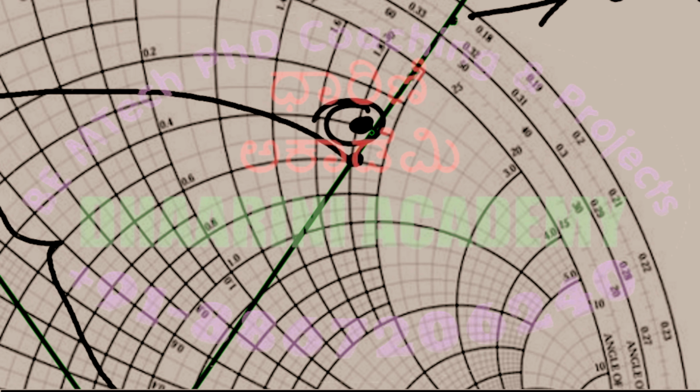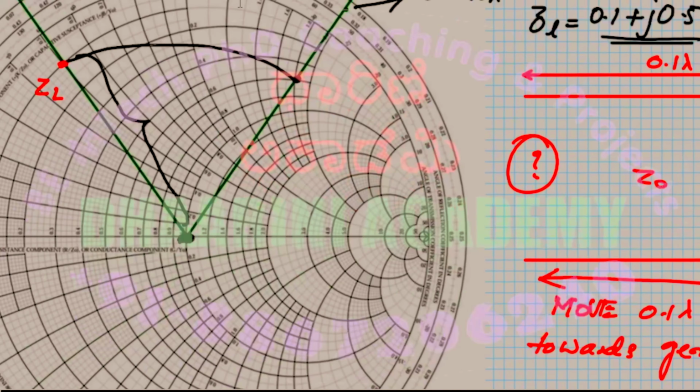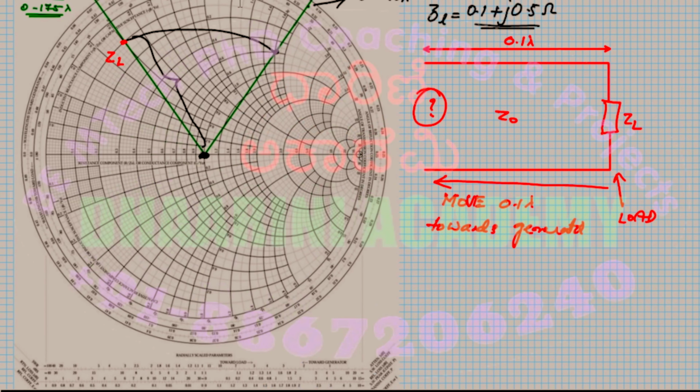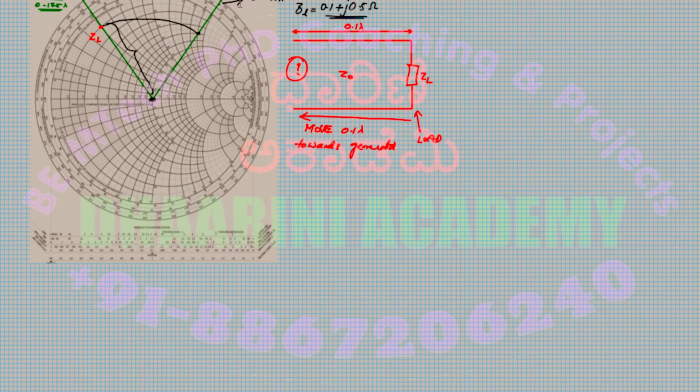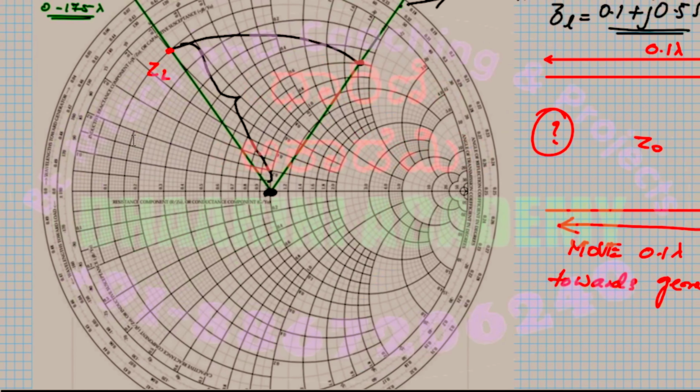Whatever value you are getting, you tell me and I'll write. So 0.4 you are getting, I'll write. Sorry, the R value is 0.4 and the X value is 1.8 something, correct? Okay, so let me write that.